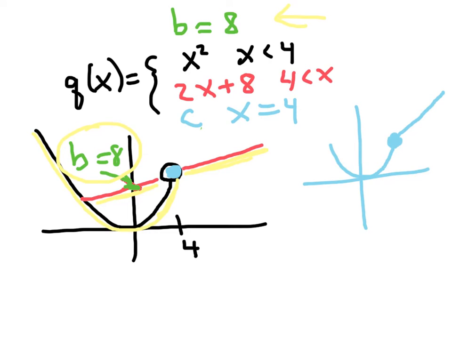So what does that value have to be? Well, we know that if we put in 4 into x squared, we get 16. And if we put in 4 into 2x plus 8, we also will have 16. So the y value of c has to be 16. So this is the point for 16.